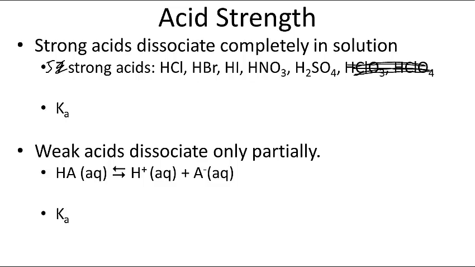So a strong acid is one that completely dissociates in solution. All right. So we're looking at HA going completely to H+ plus A minus and not going backwards at all. So if you think about what the equilibrium constant for that reaction is, if at equilibrium all of my acid has dissociated, effectively Ka is what in that case?